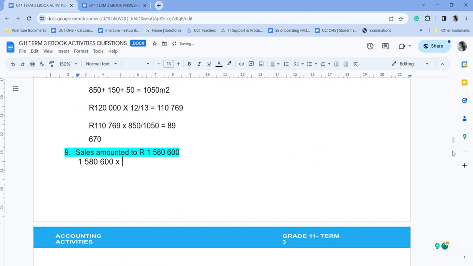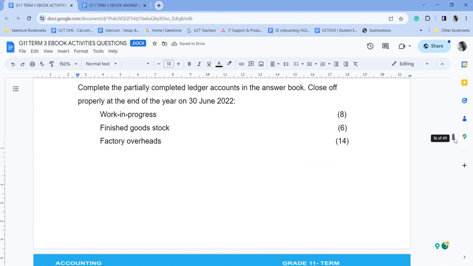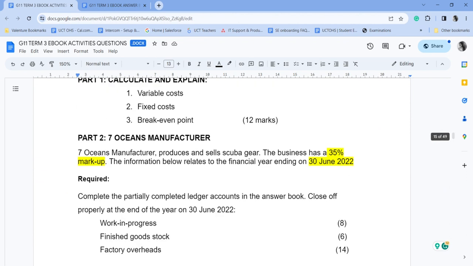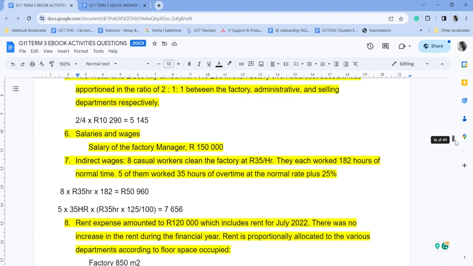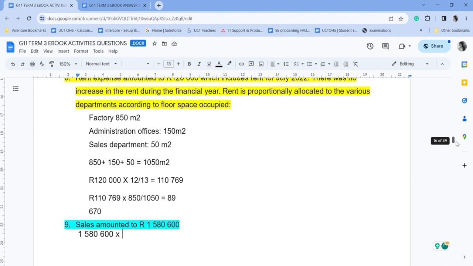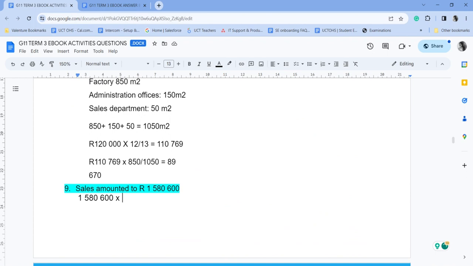Now let's look at the markup. How much is the markup that has been given to us? Going back to the top, there is information there. They say the business has a 35% markup. To figure out the cost of these sales, we are going to use the markup. What I am looking for is the original 100% value, the cost price.